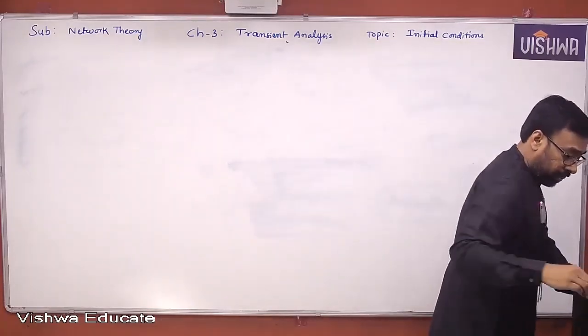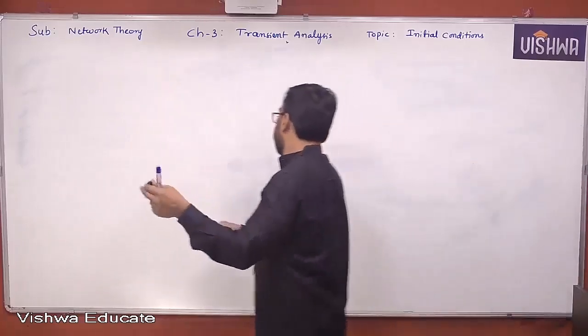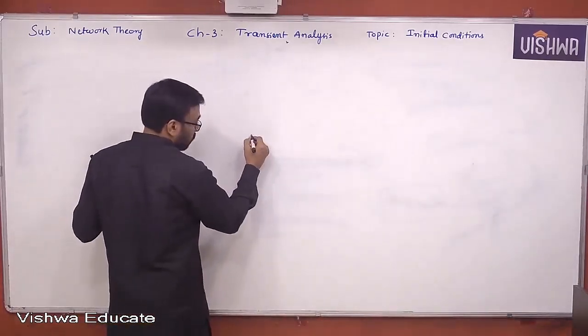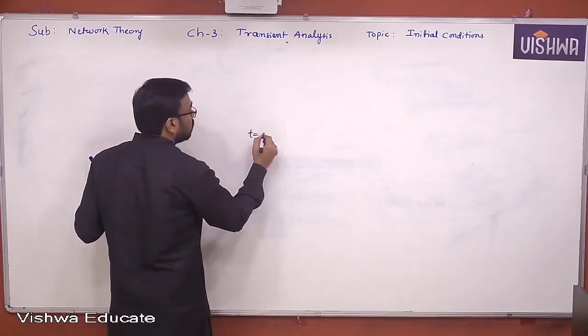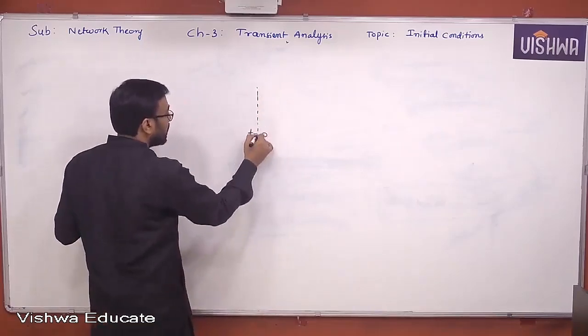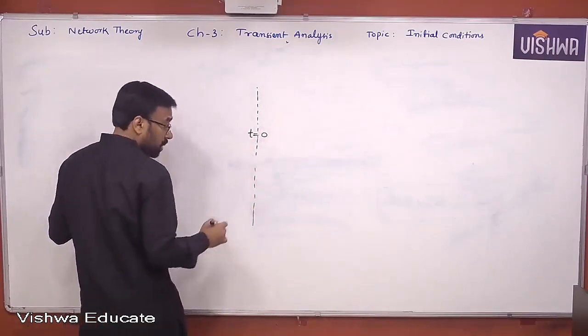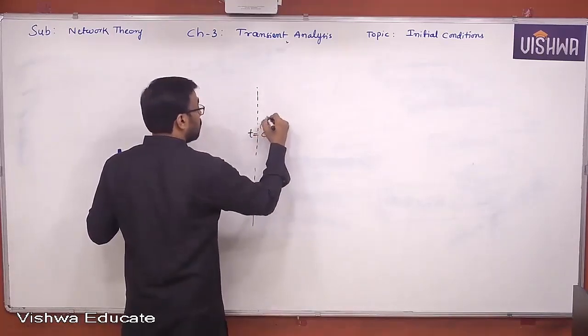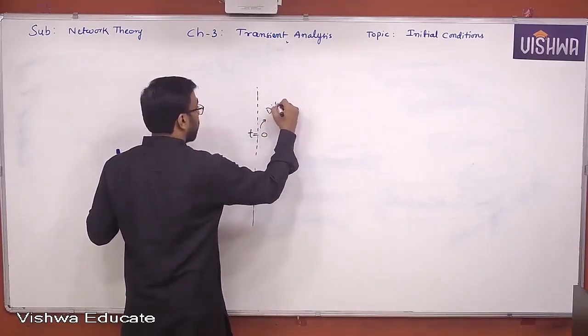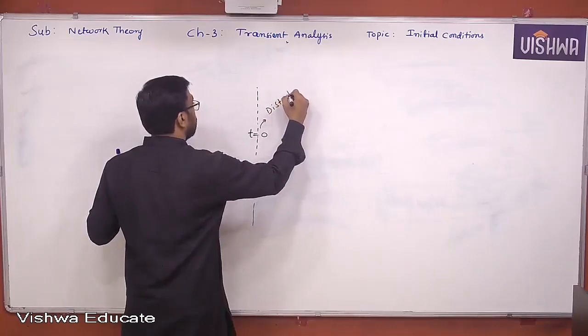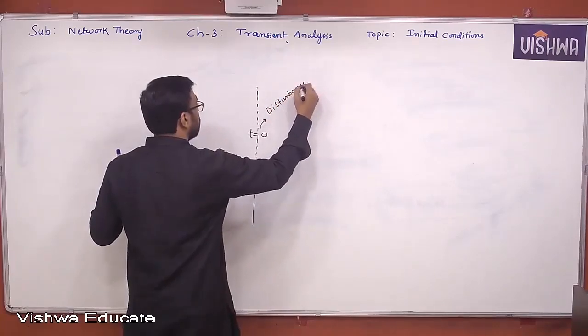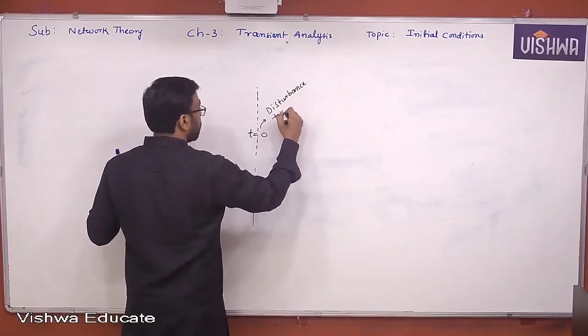T equal to 0. What's happening here? The disturbance is taking place. Yes or no, all of you? T equal to 0, the disturbance occurred.